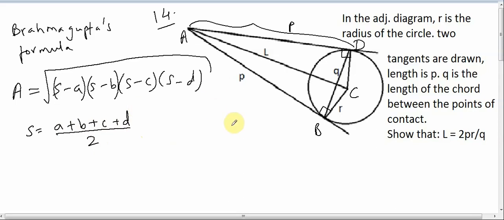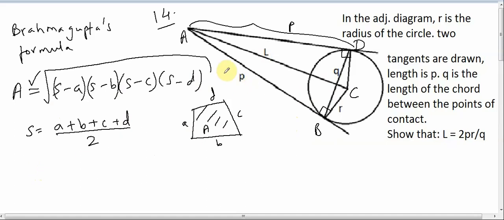Perimeter divided by 2 is S, and what are A, B, C, D? They are the lengths of the sides. So if this is a cyclic quadrilateral, and these are the lengths of the sides, then the area is given by this formula. So we can apply this formula over here and we will get one equation. So let us apply that.